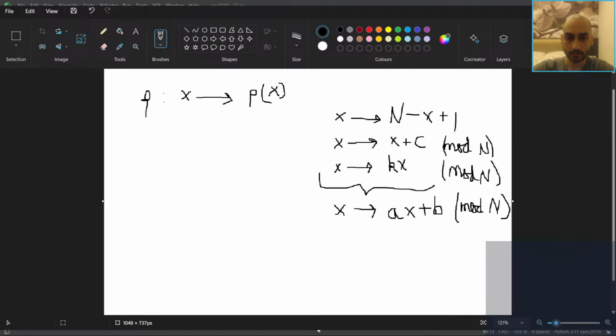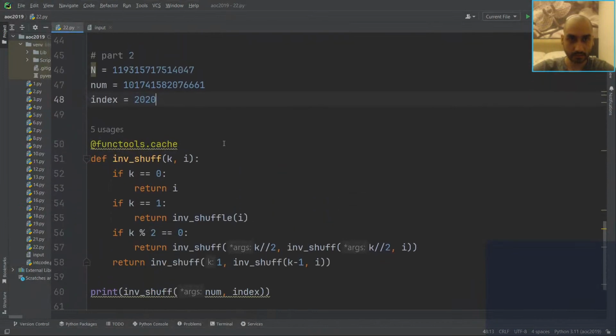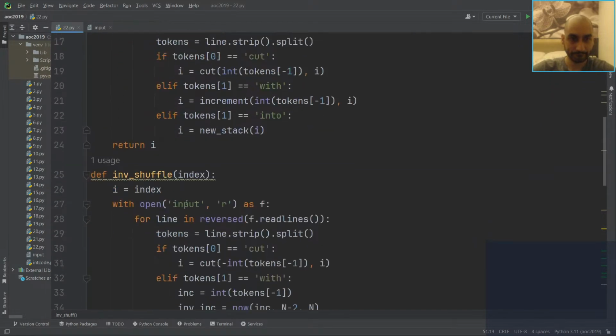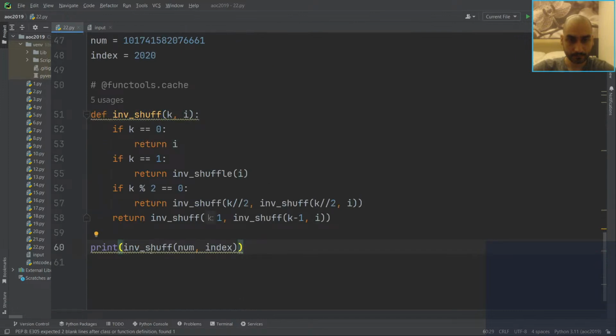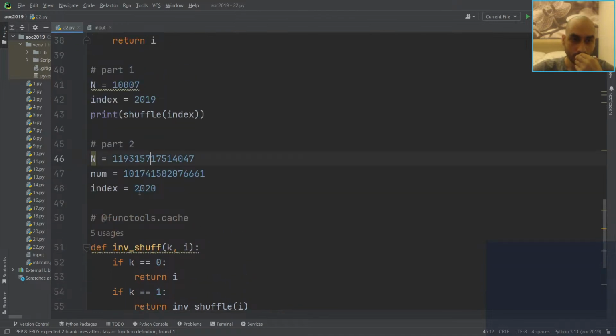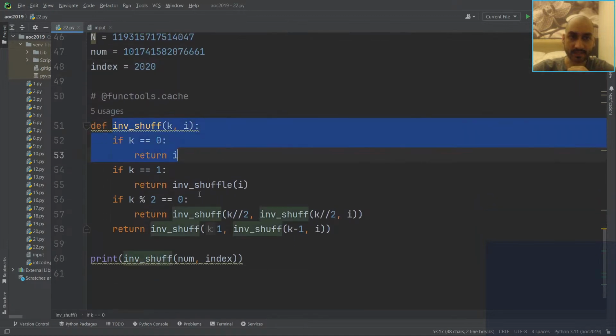So let's see. So here we don't need functools right now. Turn that on. So this is our inverse shuffle.